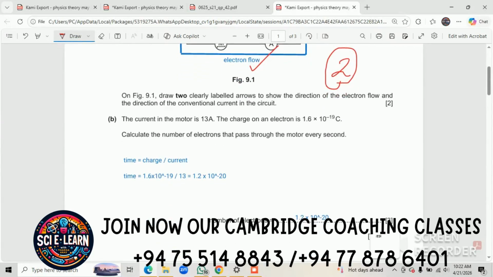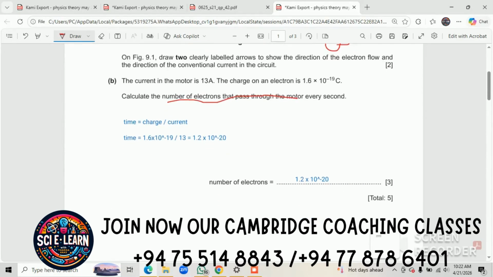Perfect. Next. The current in the motor is 13 amperes. The charge on the electron is given. Calculate the number of electrons that pass through the motor every second. We have one of the very common equations for finding the number of electrons or anything related to current. They have given you the current in amperes, and the charge of the electron.